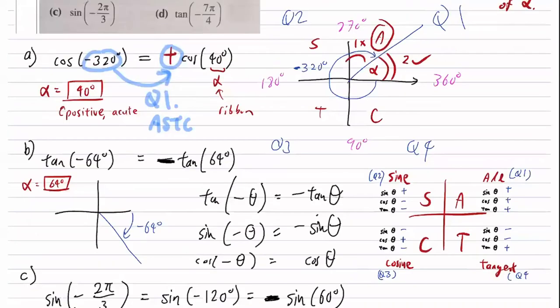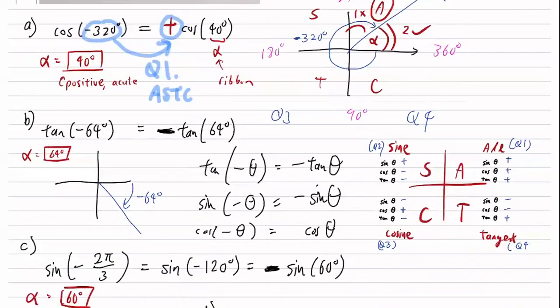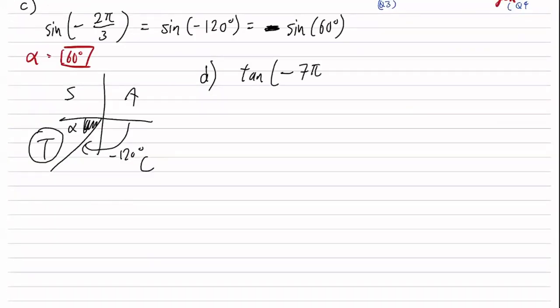Part D is tangent of negative 7 pi over 4. Maybe you convert to degrees first. You could think of it like this. Pi over 4 is really just 45 degrees, right? Which is half of our 90 degrees.